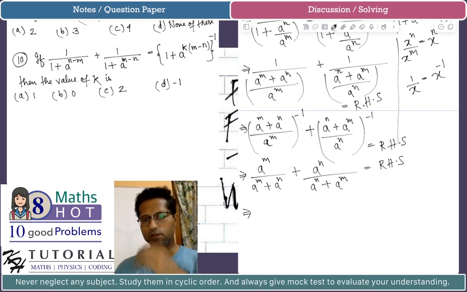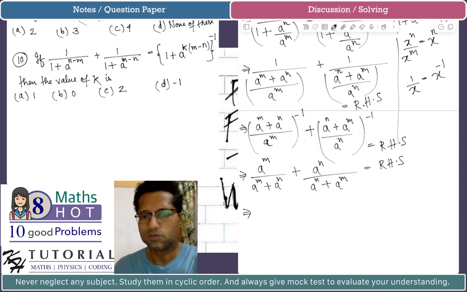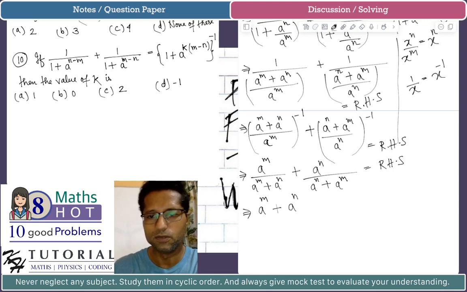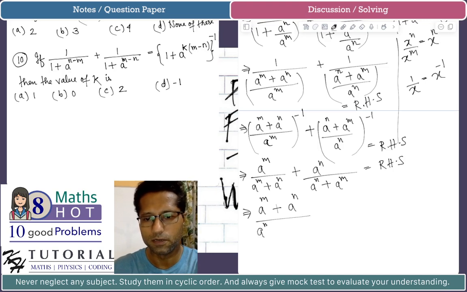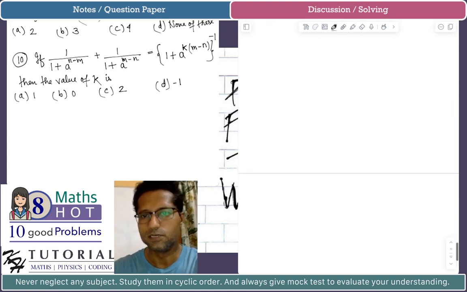If we see on the left hand side, both the denominators are the same, so we will just add the numerators. This will be a to the power m plus a to the power n, and the common denominator is a to the power m plus a to the power n, equal to the RHS.